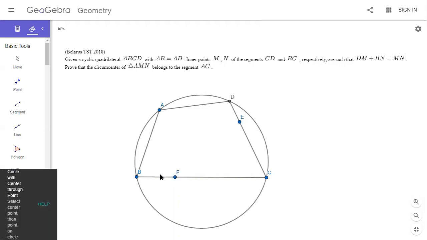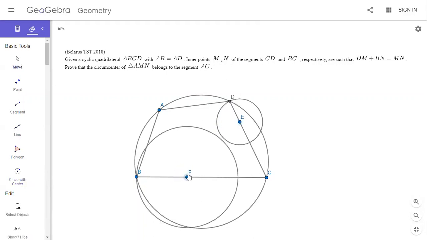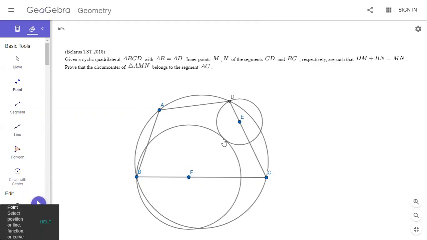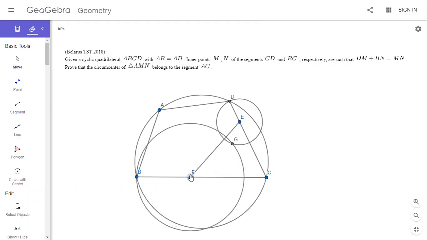Let me do it like this. So basically, I want it so that these circles are tangent. Let's see, they've got to just barely touch, and then that would do it.